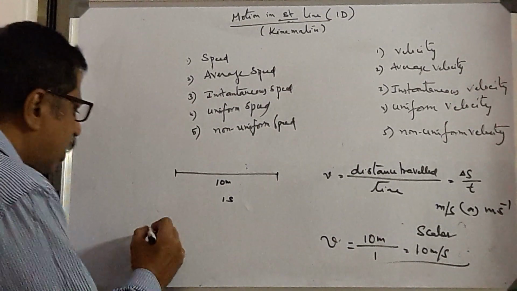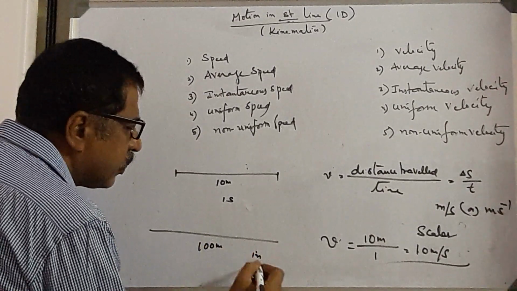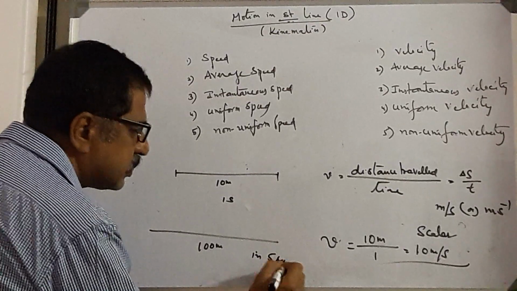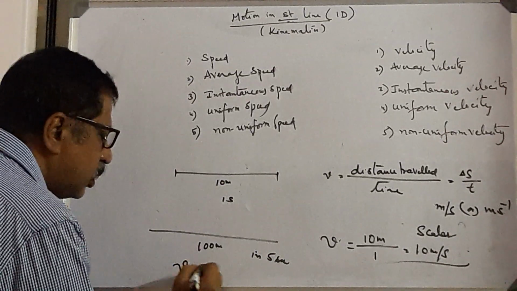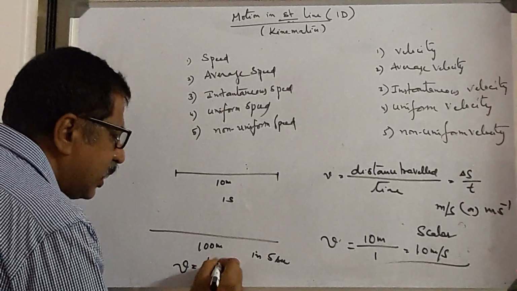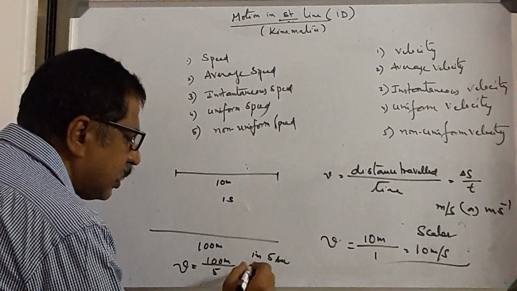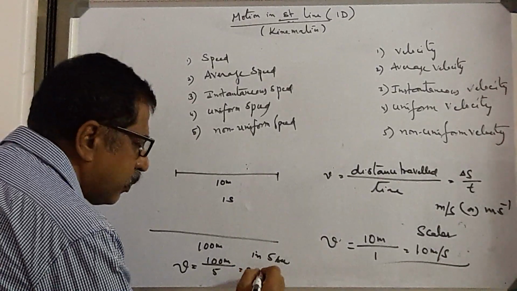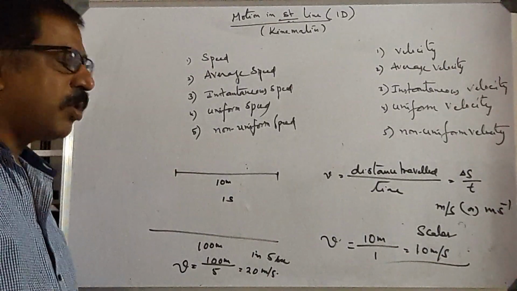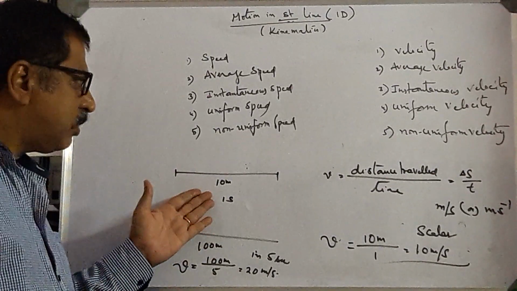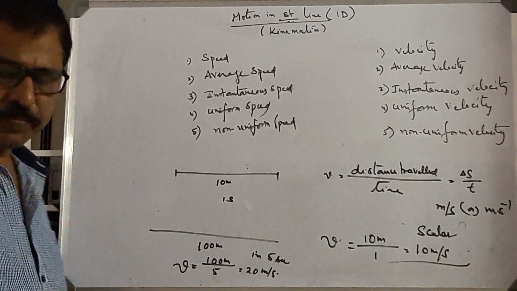For example, if a body traveled 100 meters in 5 seconds, what is the speed of the body? Here speed is equal to distance traveled, 100 meters, by total time taken, 5, so we get 20 meters per second. Here it is a scalar quantity. In which direction the body moved is not mentioned. That is why it is a scalar quantity.